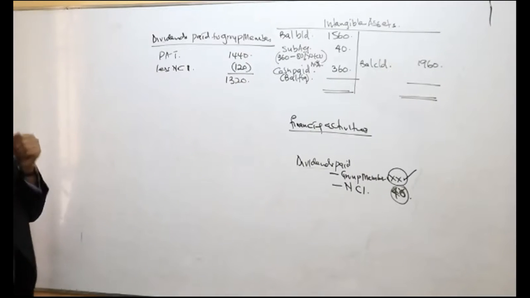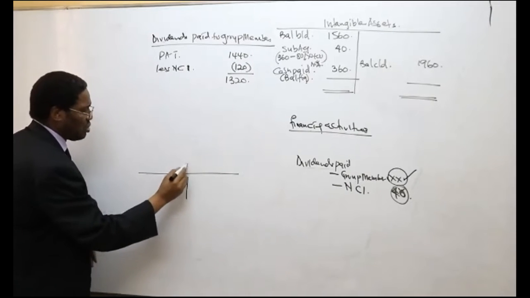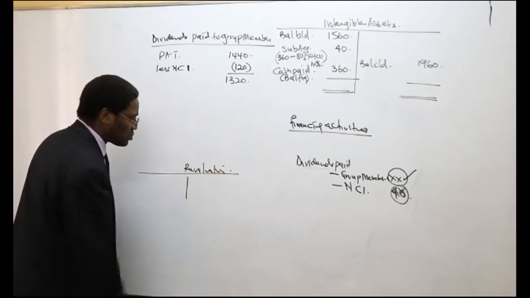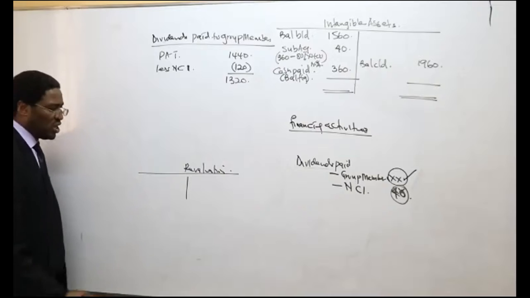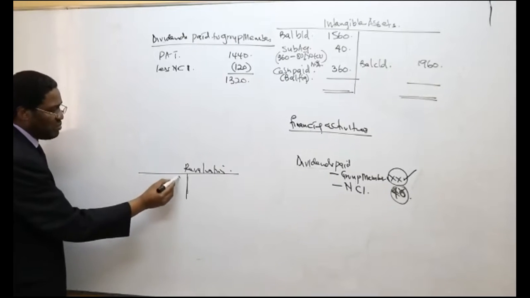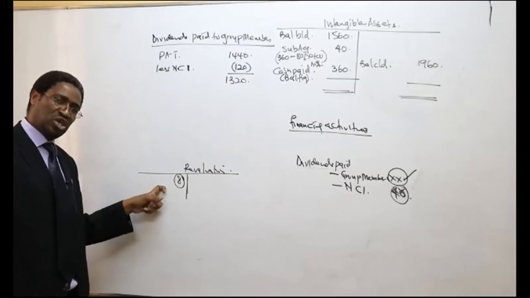Now, one thing I reminded you, when we were analyzing the revaluation reserve account, we saw there was a balancing figure on the debit side, and that balancing figure, we got it as 8 million. You remember what it was?